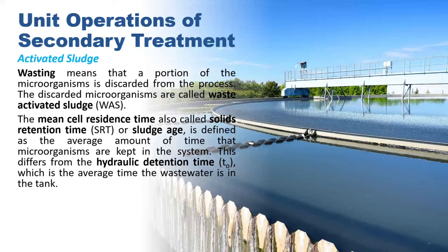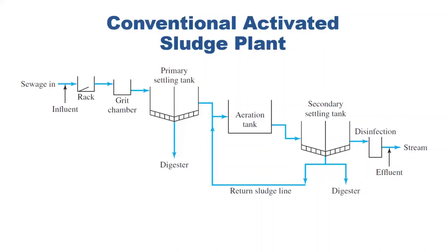The mean cell residence time, also called solids retention time, or sludge age, is defined as the average amount of time that the microorganisms are kept in the system. This differs from the hydraulic detention time, which is the average time wastewater is in the tank. This is the conventional activated sludge plant.